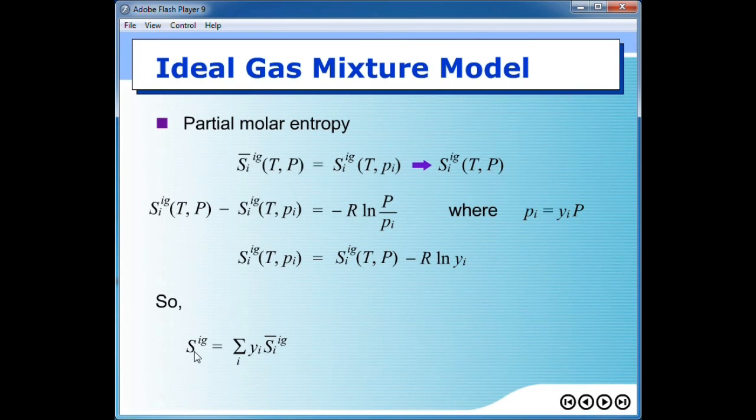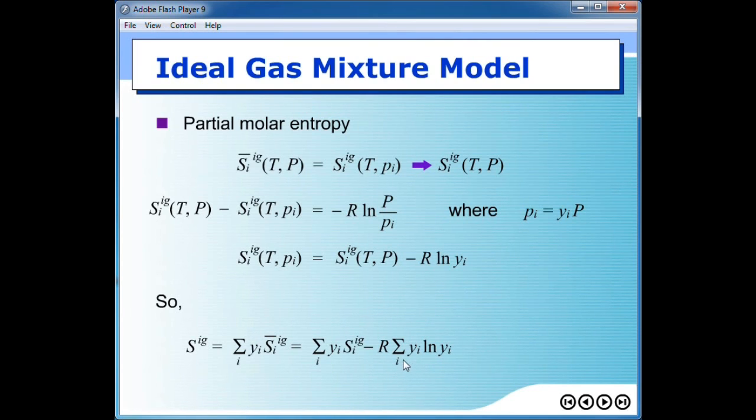Now, using the summability relation, the partial molar entropies combined give you the molar entropy of the mixture. The partial molar entropy can be calculated according to Gibbs theorem, equal to this term, and this term can be calculated based on that equation. So plug this into this, plug that into that, and you get this equation.